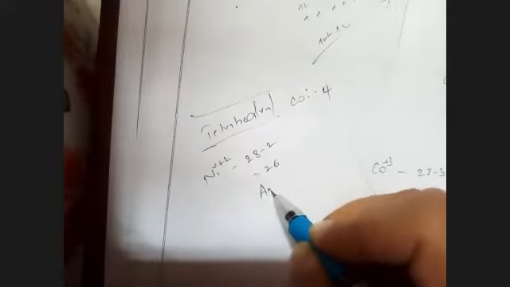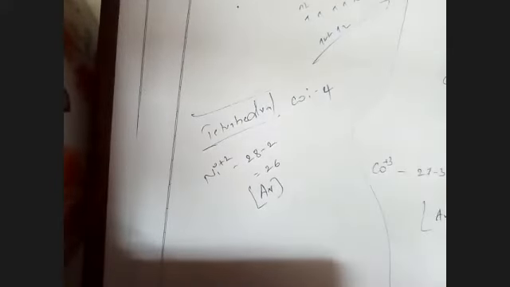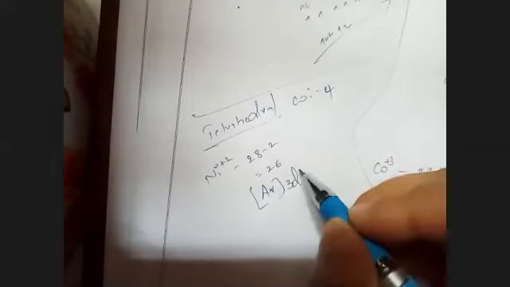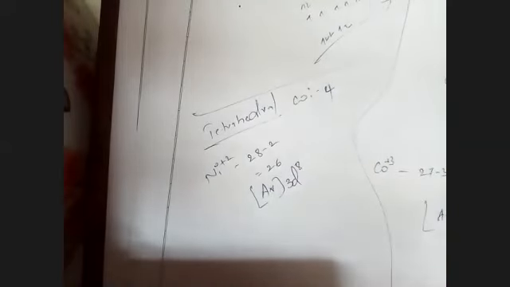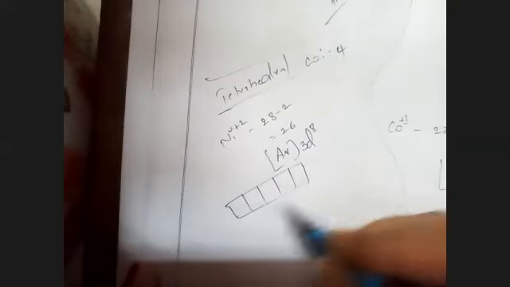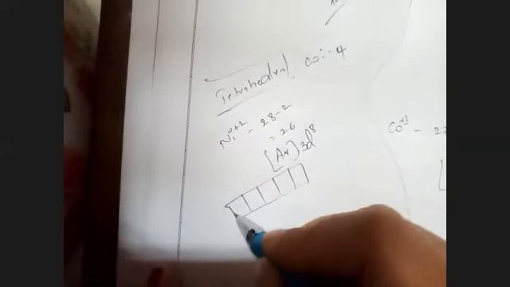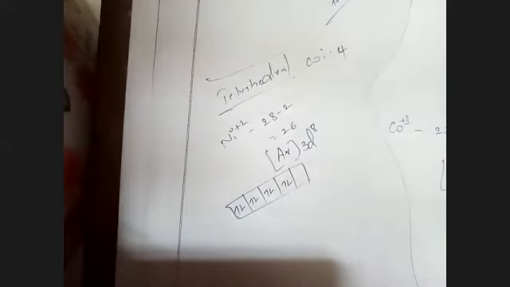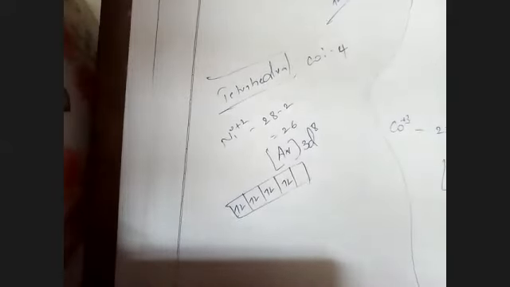It's argon, 3d8. The d has 5 subshells, so for 8 you fill 2, 4, 6, 8.